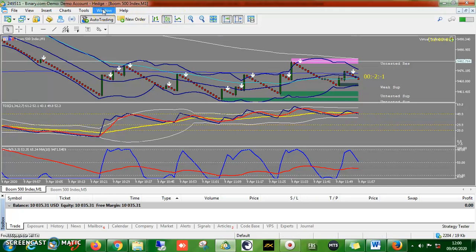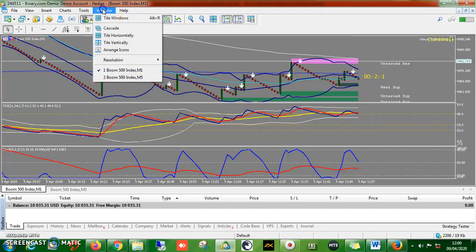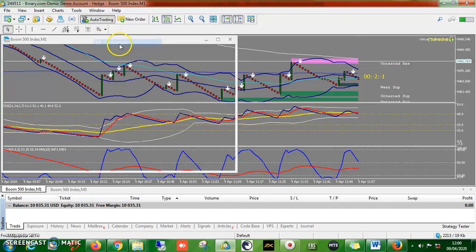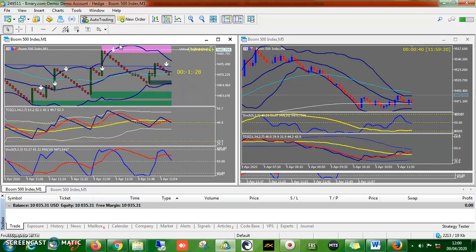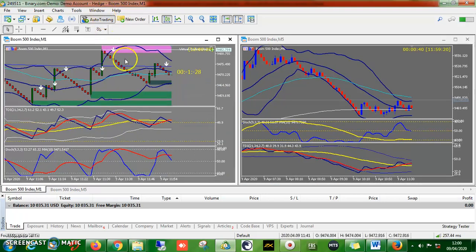For this particular video, I'm using my demo account. At times I use demo and at times live, but on demo I practice every day. So I'm using the demo now to display what I want to do. This is how I go to Window and then click Vertical, to have them both open.